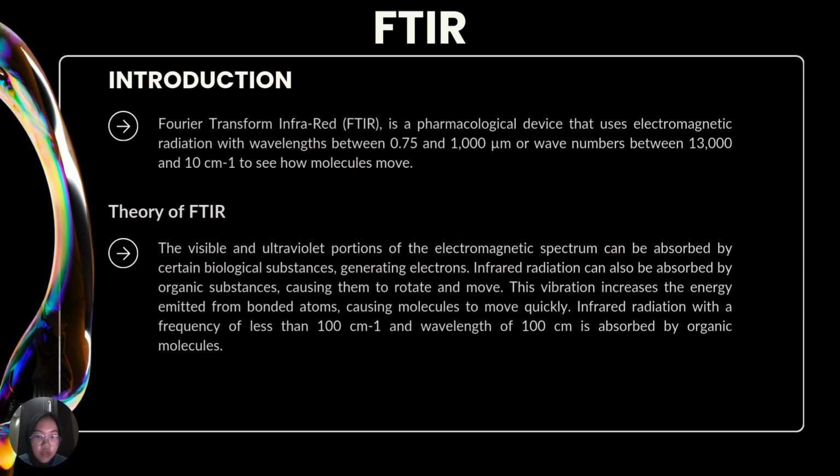Infrared radiation can also be absorbed by organic substances, causing them to rotate and vibrate. This vibration increases the energy of bonded atoms, causing molecules to move quickly. Infrared radiation with a frequency of less than 100 cm^-1 and wavelength of 100 cm is absorbed by organic molecules.